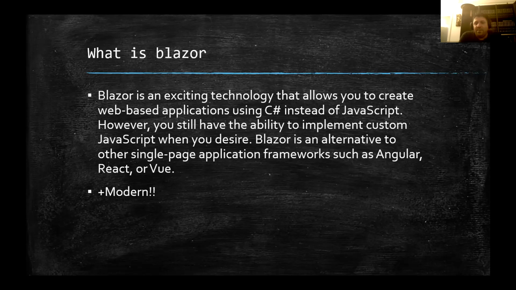That's why I mentioned that it's a modern way to build web applications, not just an old, boring way. With full tooling, the whole pipeline is what you expect from a modern framework. It's an alternative to Angular, React, or Vue for those of you who prefer to work more with C# and less with JavaScript.